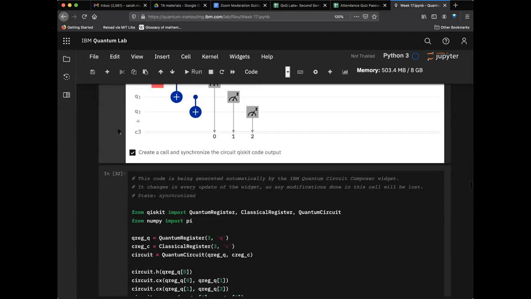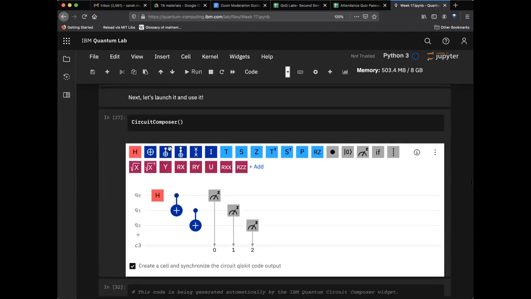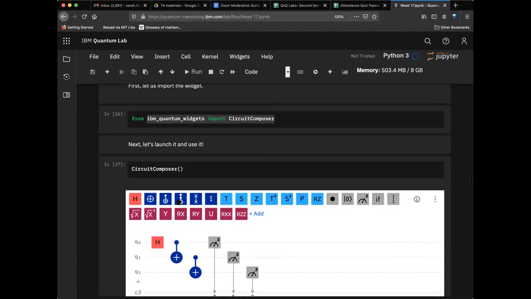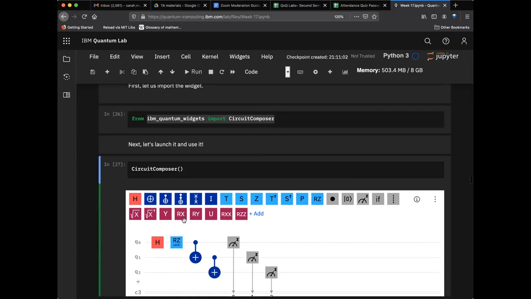Oh, and then Tomas has asked, why does it say pi instead of np.pi in the RZ gate? So I'll add one back in. You can see it says pi over 2 now. This is because when we imported NumPy, we didn't import the pi function from NumPy such that we can use it directly. We just imported NumPy as np. So whenever we want to access any functions in NumPy, we have to do np dot that function.